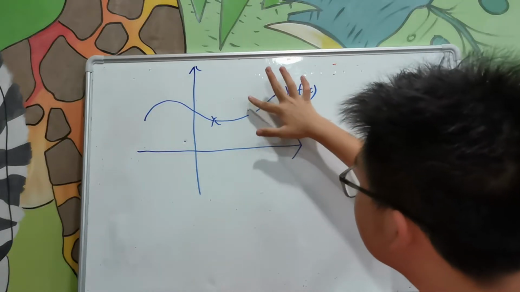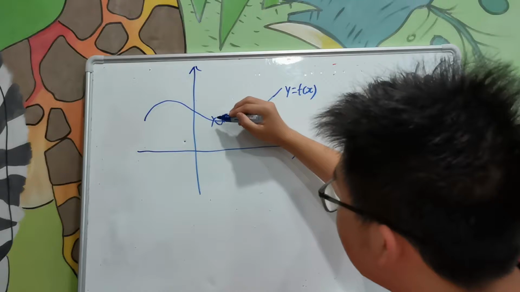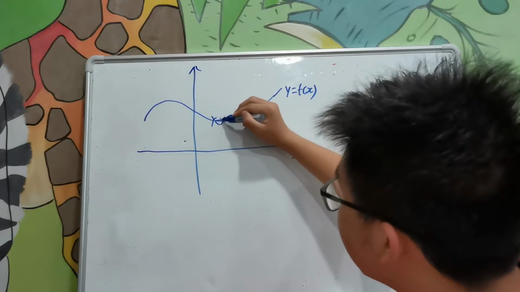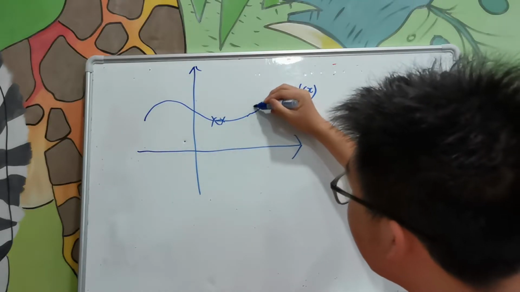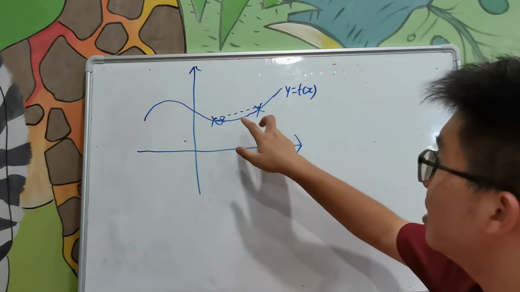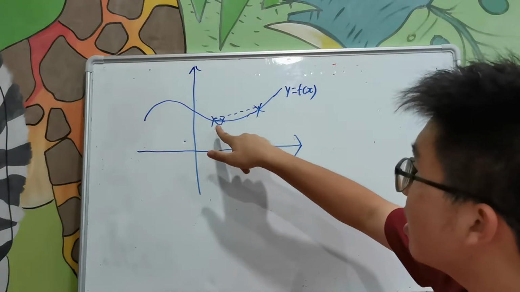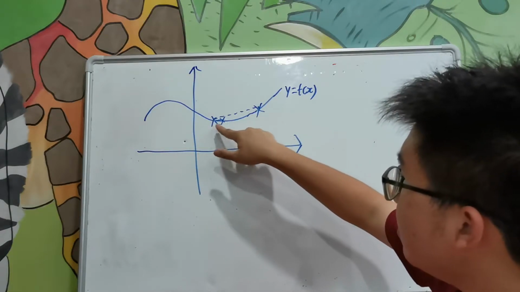Okay, imagine that I have another cross here and I draw a gradient over here, and I have a cross here and I draw its gradient over here. You realize that as I move this point closer and closer, its gradient will get closer and closer to this point.